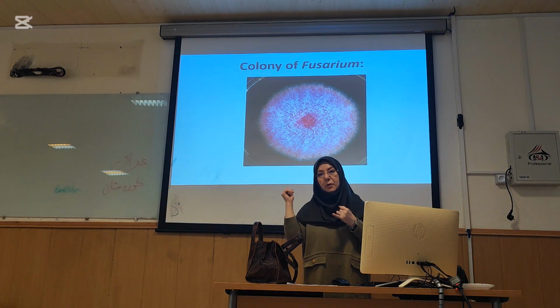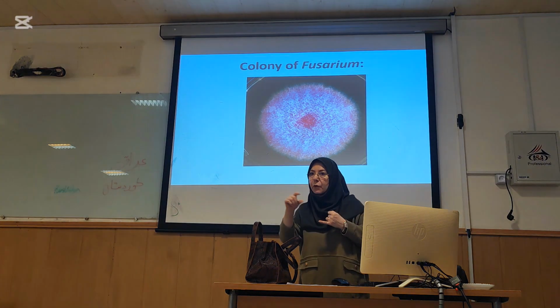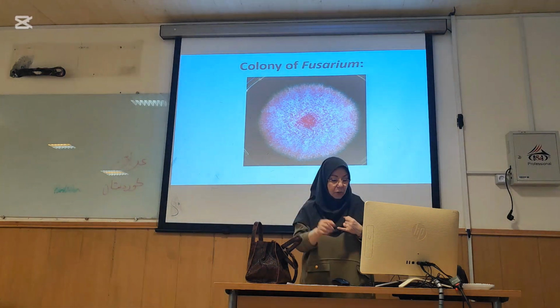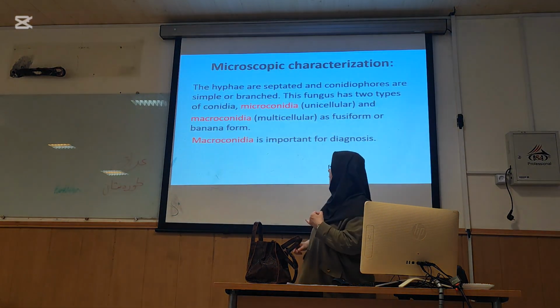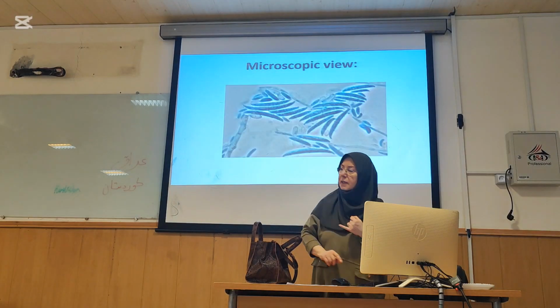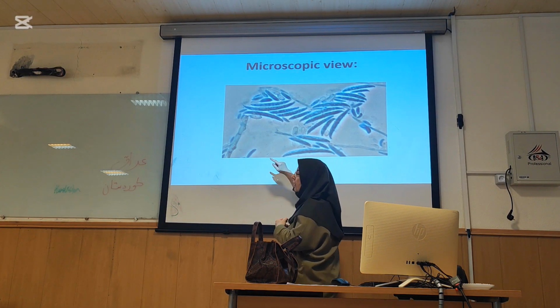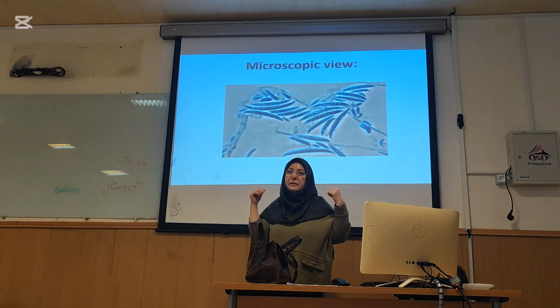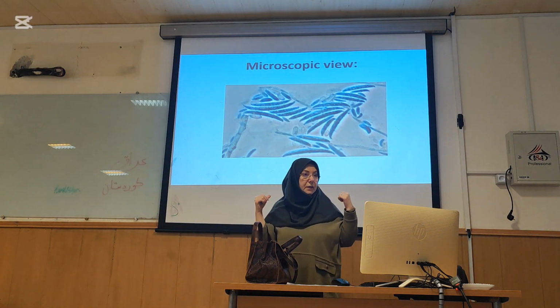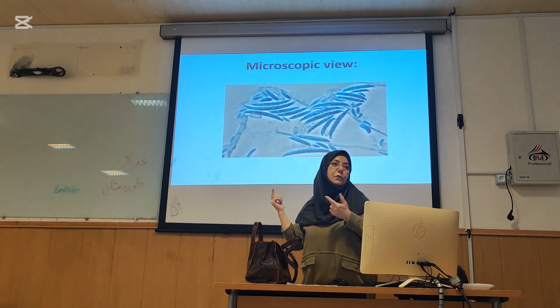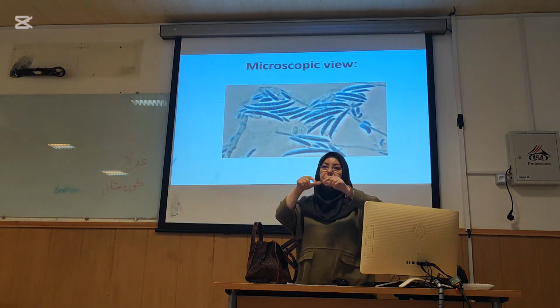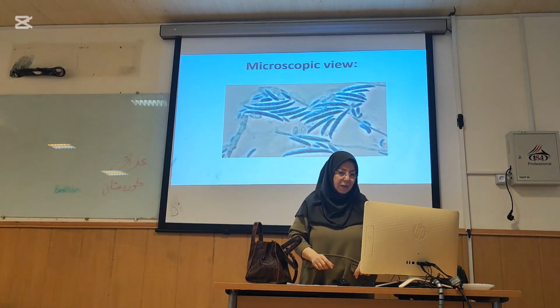Macroconidia of the fusarium are fusiform or banana form and multicellular, as you see in this picture. If you see one macroconidium of this fungus, you can identify that this fungus is fusarium because it is fusiform.